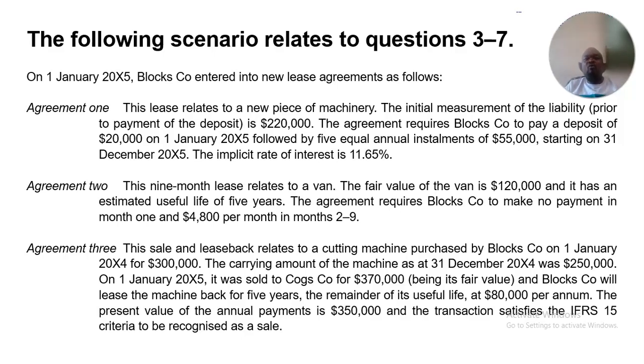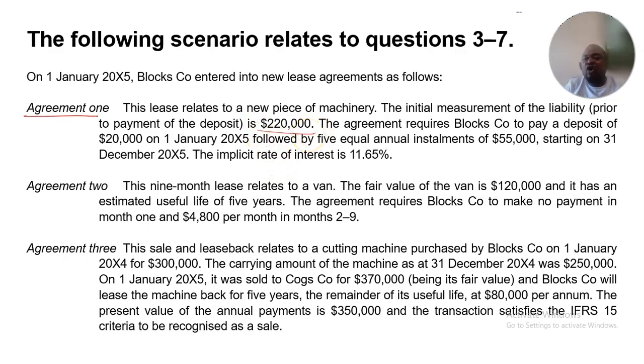On 1 January 2025, Block Co. entered into a new lease agreement as follows. Agreement 1. This lease relates to a new piece of machinery. The initial measurement of the liability prior to payment of the deposit is 220,000.